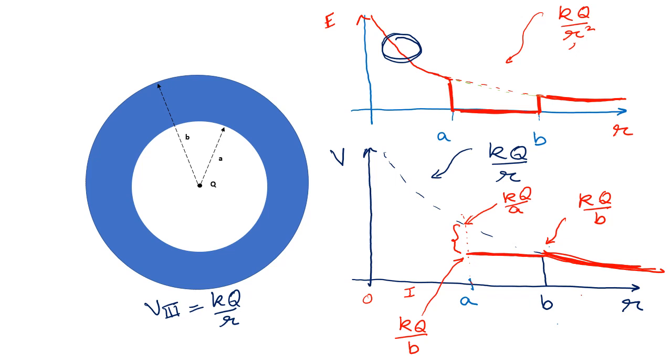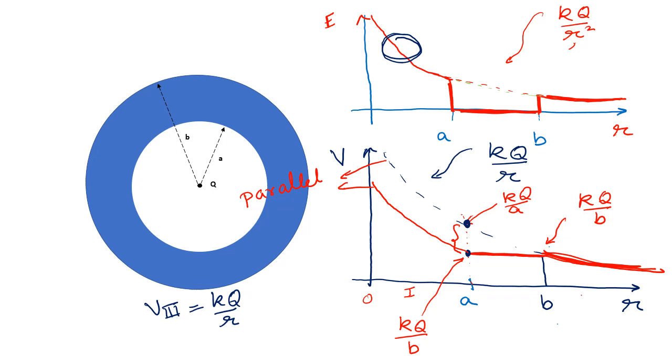However, instead of starting at this point and creating potential from that point, we have dropped down, and the potential is going to start from that place, and then it should follow the same KQ by R curve. And these two curves should be parallel to each other.